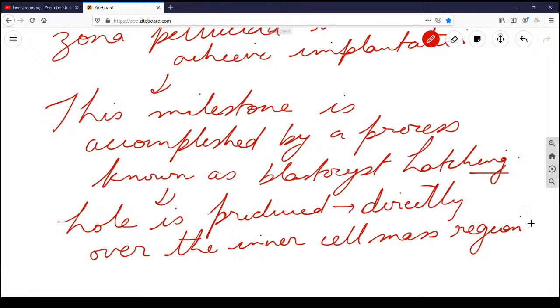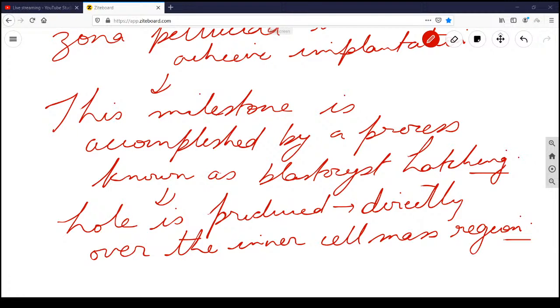Okay. Now in rodents, the blastocyst hatching is accomplished via the action of specific protease enzymes. You can just think of them as protein degrading enzymes that are released from the microvilli, or microvillus extensions, protruding from the surface of the trophoblast cells.